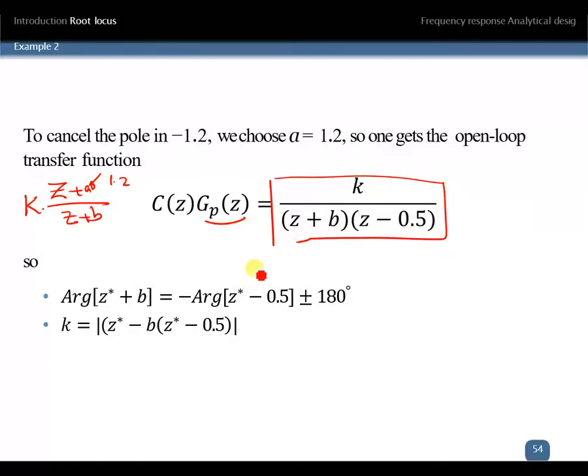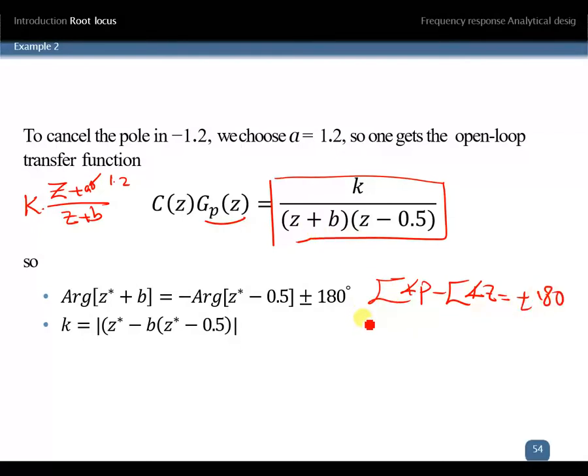Based on the angle rule of the root locus, the angle of z + B, that means the denominator, is equal to minus the angle of the poles plus or minus 180. That means the sum of the angles of the poles minus the sum of the angles of the zeros equals plus or minus 180 degrees.